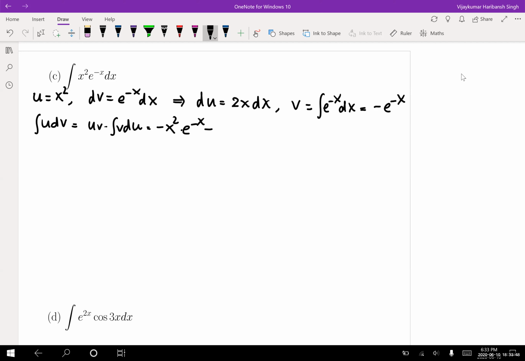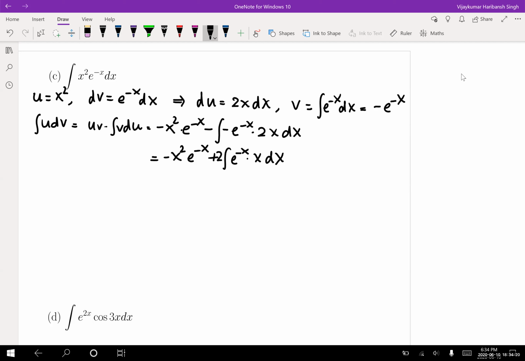Minus v du, which is going to be v is again e to the power minus x, and du is 2x dx. So if I rearrange this slightly to organize it a bit, this will become plus 2 times the integral of e to the power minus x times x dx.